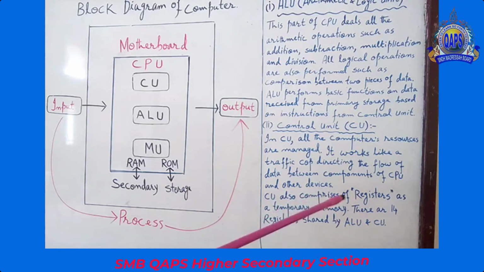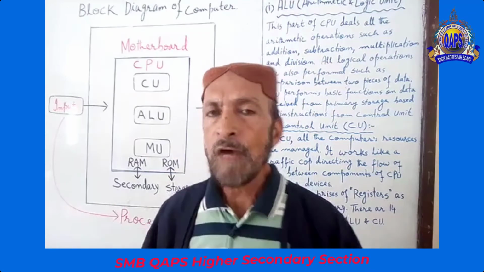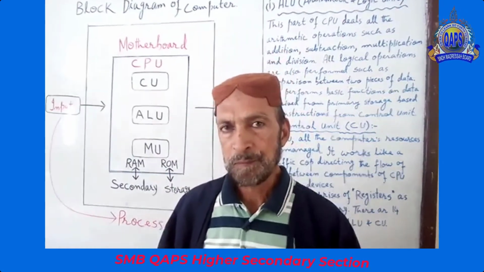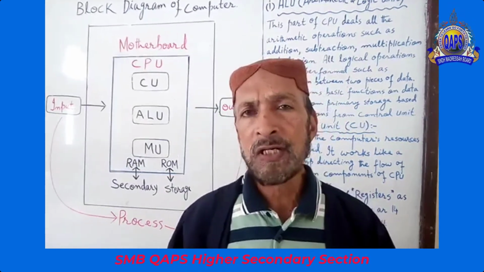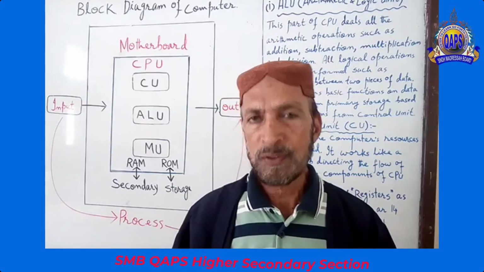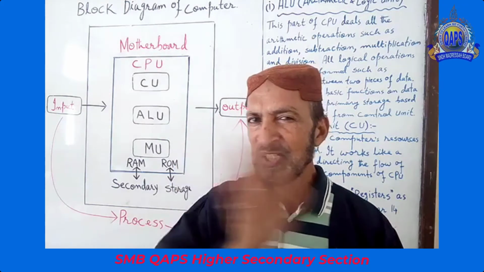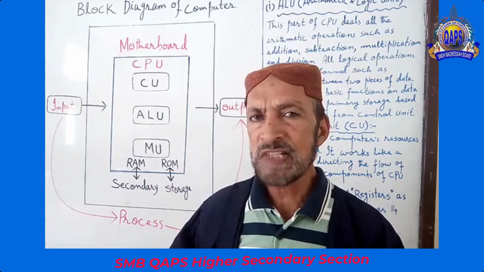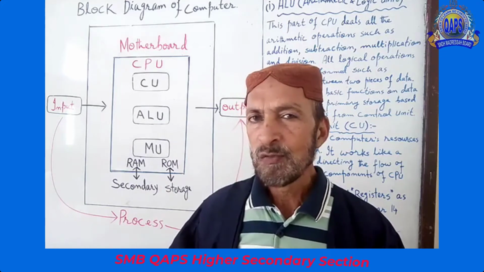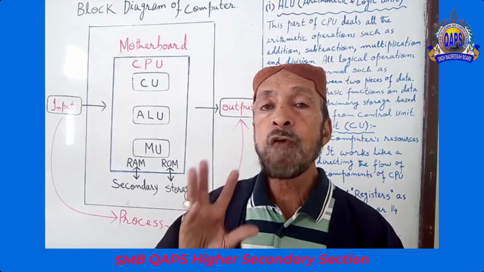CU also comprises registers. A new word, registers. What are registers? My students, registers are like volatile memory. You understand volatile memory? What is volatile? Temporary, which you can rub. Finished. So, registers are like volatile memory, and they are 14.